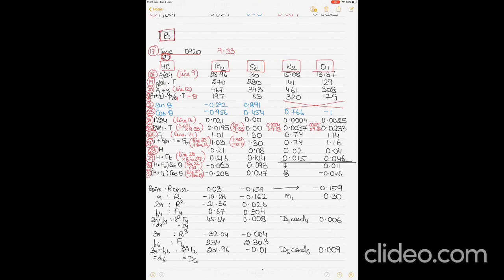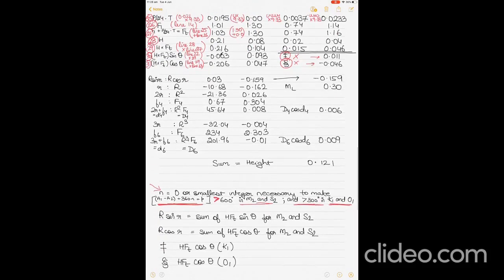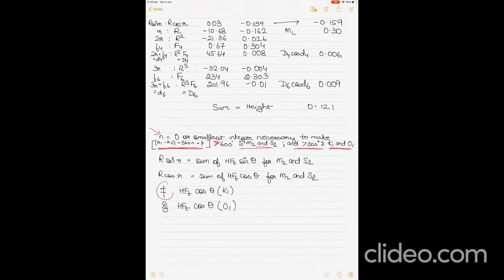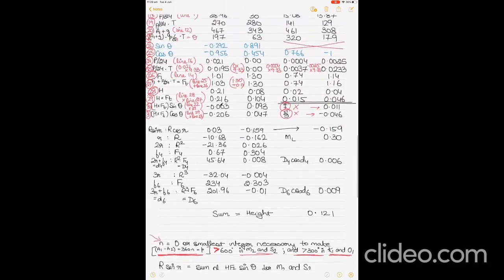Alright, then over here we leave these ones blank, but we have to calculate these values here. These are symbolic values that we have to calculate. So how do we get these values? And then we put the answers here. So I'll show you how to get these values. The first one is HFT cos theta for K1, and the second one is HFT cos theta for O1.